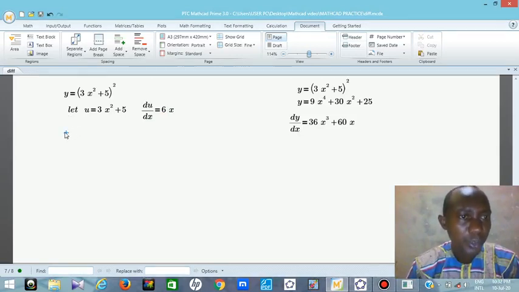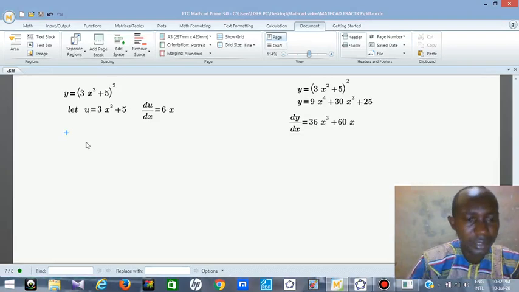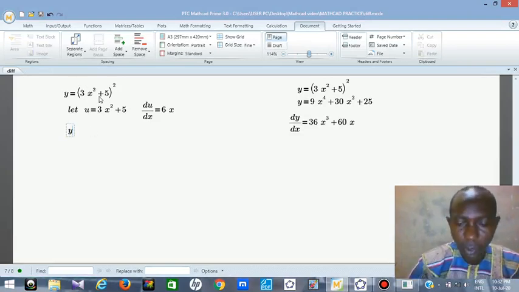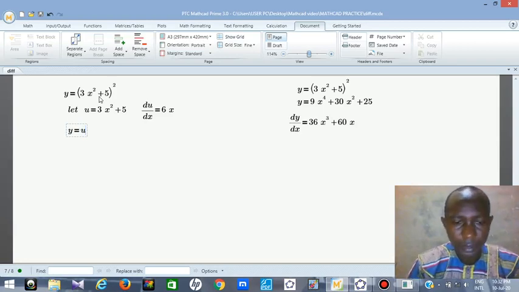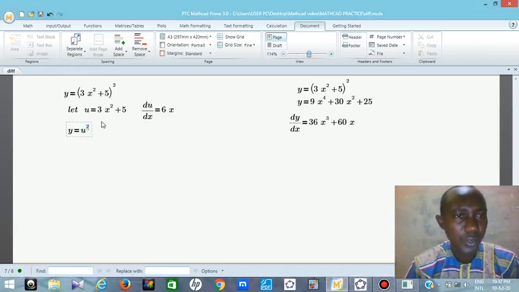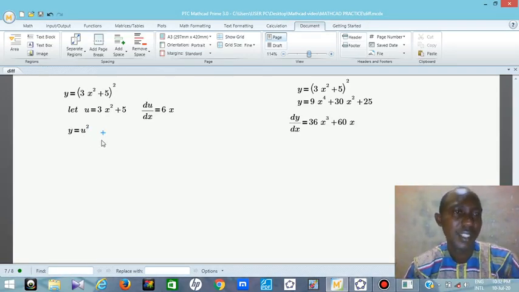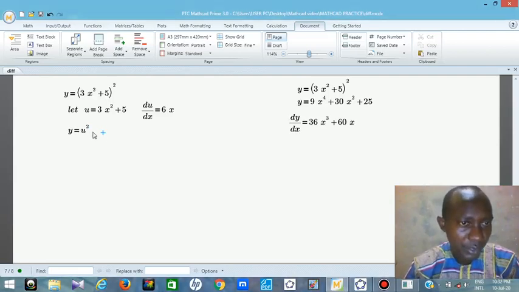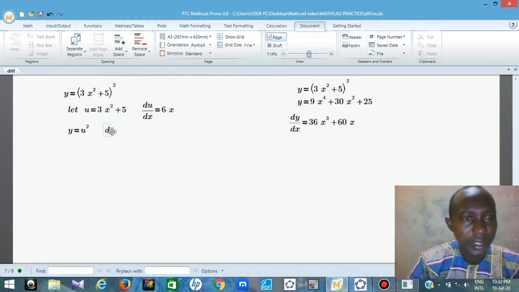Then since you allow u to be equal to 3x squared plus 5, the full function now is y equals u raised to power 2. You know, u is being replaced with what is inside the bracket. Then if I also differentiate y with respect to u, I'm going to have dy du.